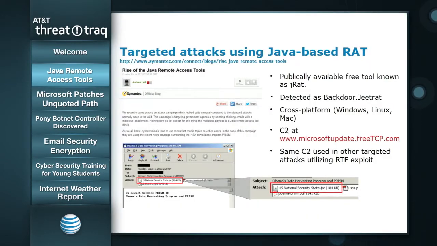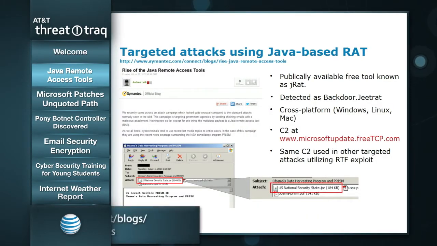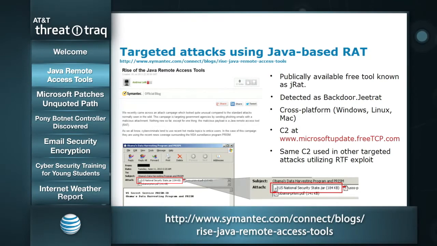In any event, the context of this is there's a publicly available tool out there. It's called JRAT, and it's freely available. Symantec detects it as backdoor.jeetrat. And the other interesting thing about it is it's cross-platform. It can work on basically any platform that supports Java for the most part, so Windows, Linux, and Mac are all possible targets for this.